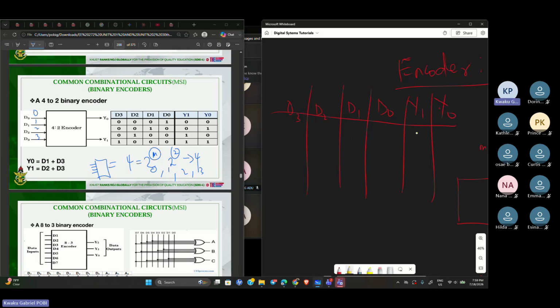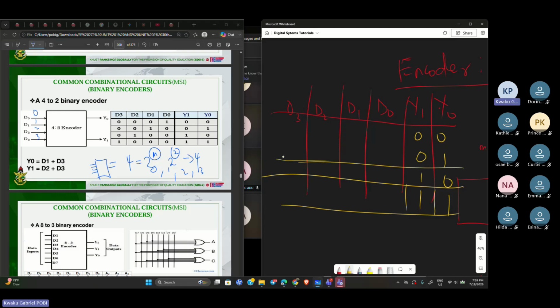Because we can have 4 possibilities, 0, 0, 0, 1, 1, 0, and then 1, 1, we can have just 4. Now this 4, what are we getting? Here is a 0, here is a 1, here is a 2, here is a 3. So if it's 0, 0, D0 should be high, which is the 0 as the input.